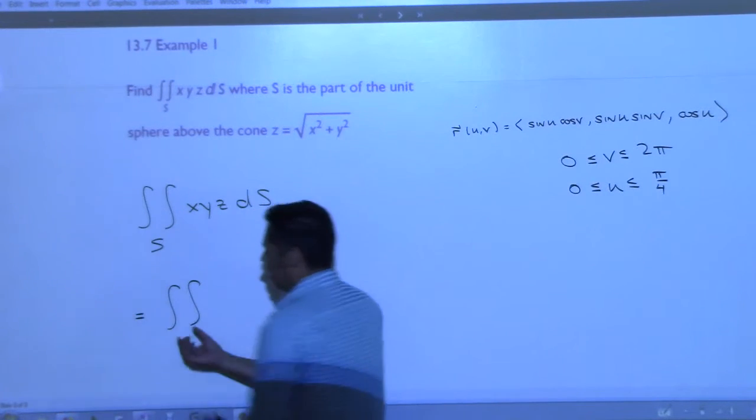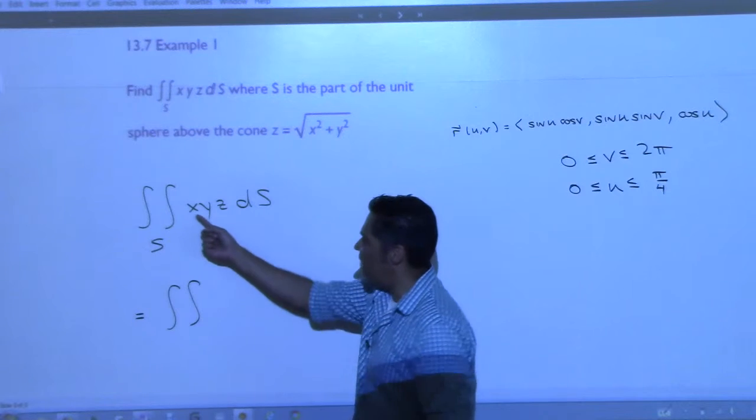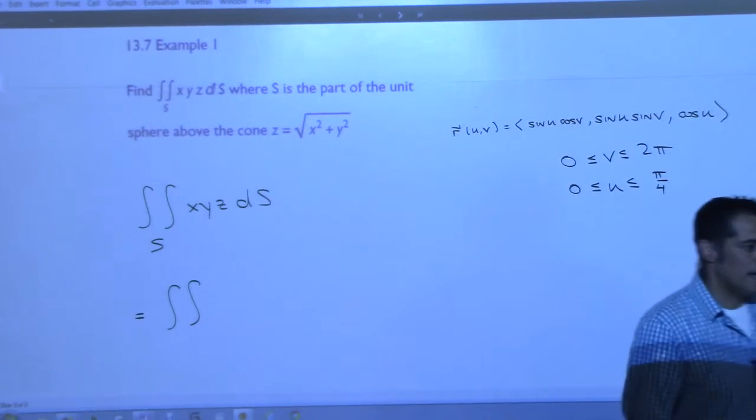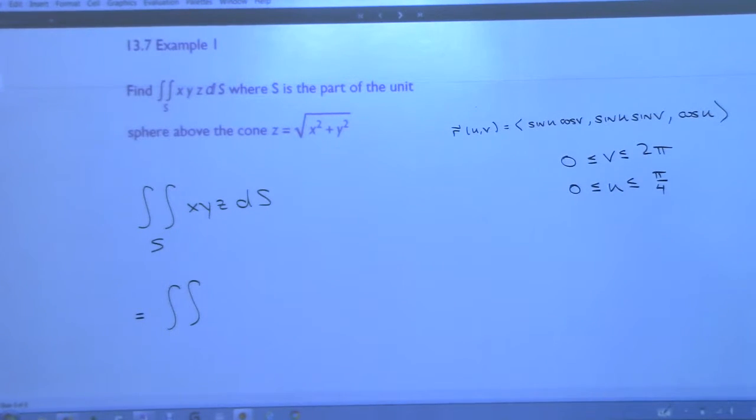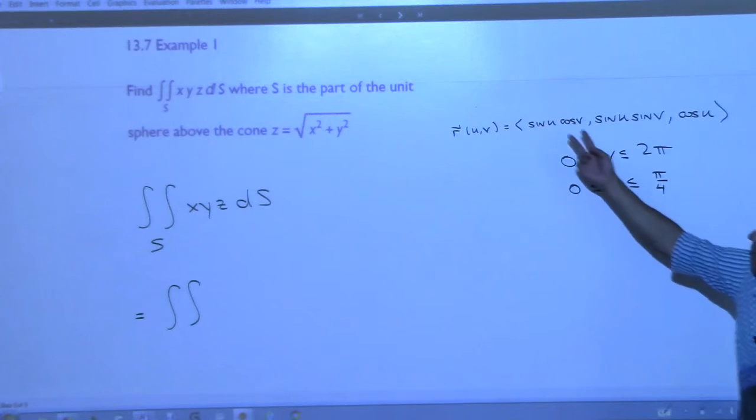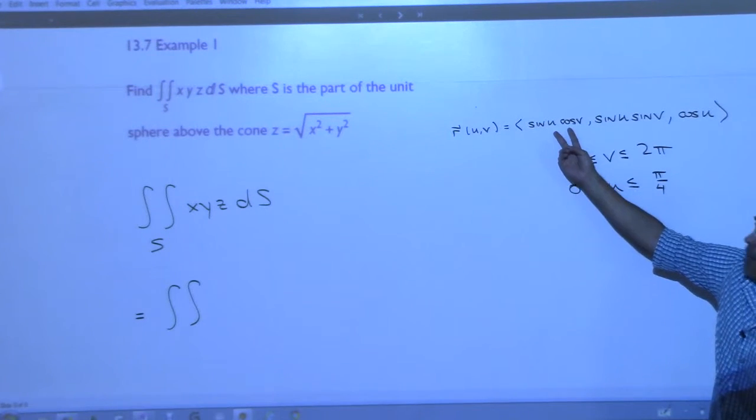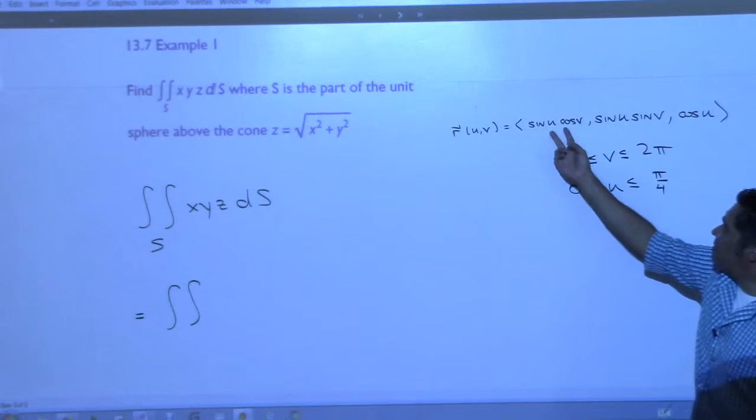I'm not going to do anything here yet. Let's just talk about what x, y, and z are. So what's x, y, and z? X is sine u cosine v. So this is going to be my r function. This is the surface. That's my x, y, and z.